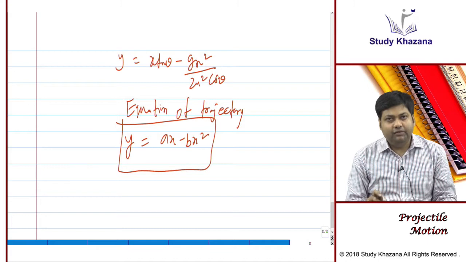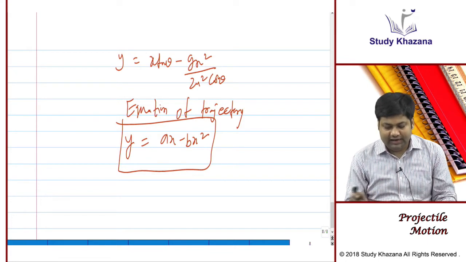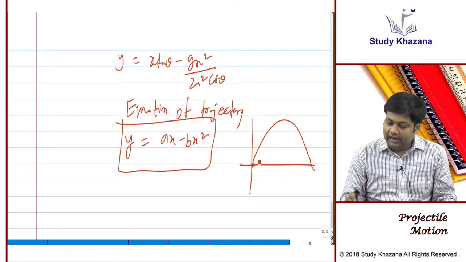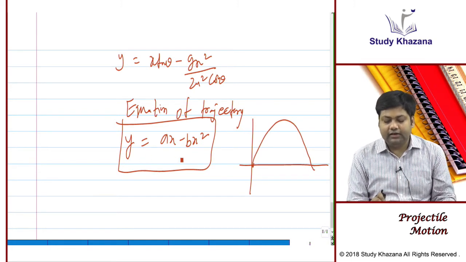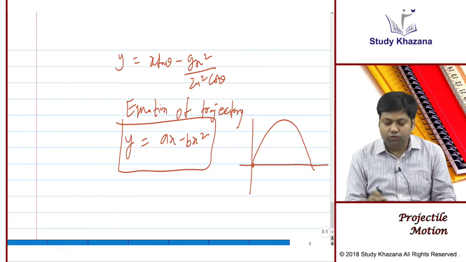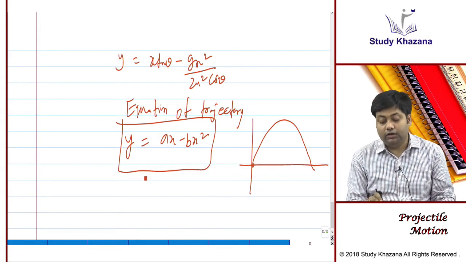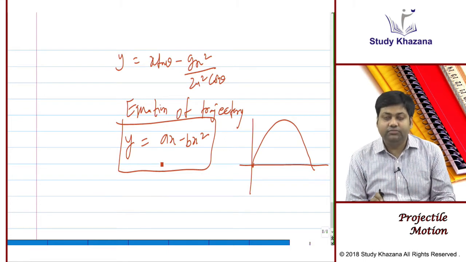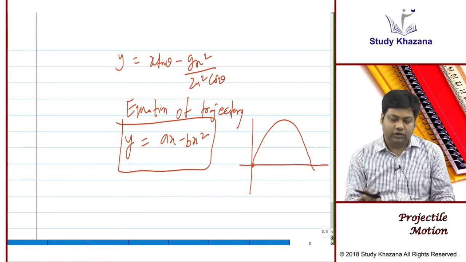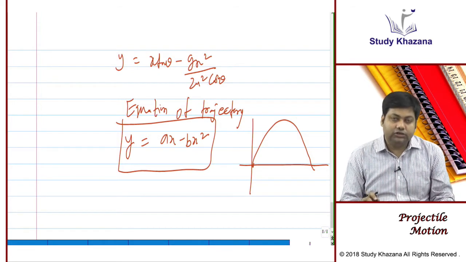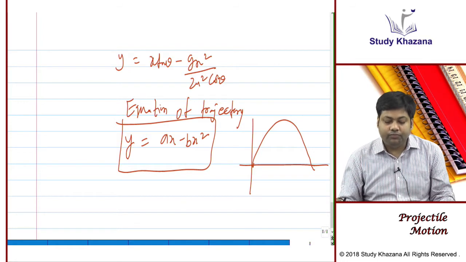If you are familiar with the basic background of the parabola, you would realize that it has two points where y is 0, and we can also get the maximum value of y from this using calculus, which will come later, but this is the equation of the trajectory. Now if you look at the first equation that we have derived for the equation of trajectory, x is quadratic here.